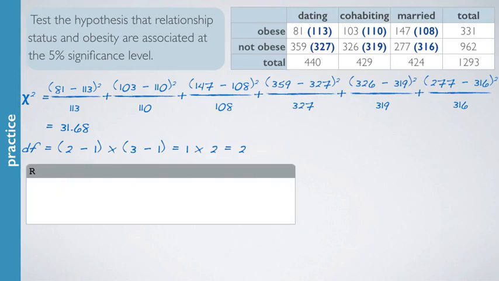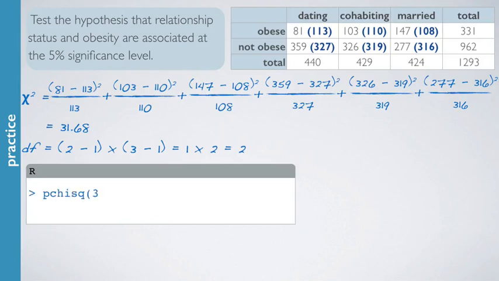We can calculate the p-value using R. And the function we're going to use is pchisq. And remember that takes the inputs of the observed chi-square statistic, the degrees of freedom, and we also usually specify whether we want the tail area below the observed or above the observed. And for chi-square tests, we always want the tail area above the observed chi-square statistic.